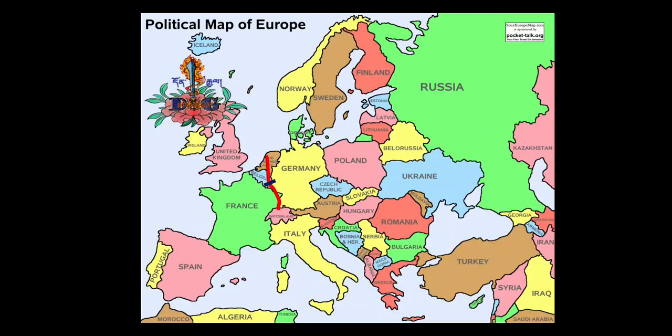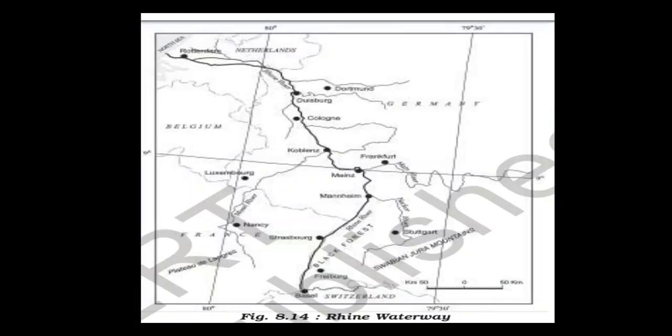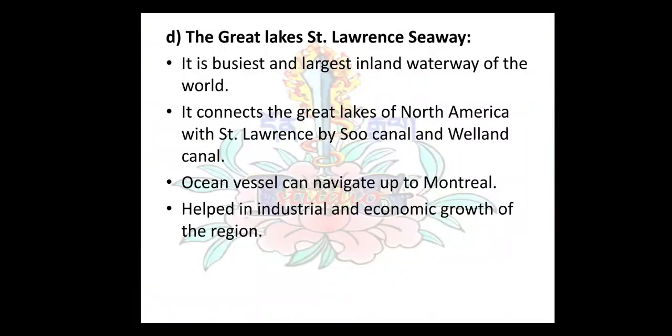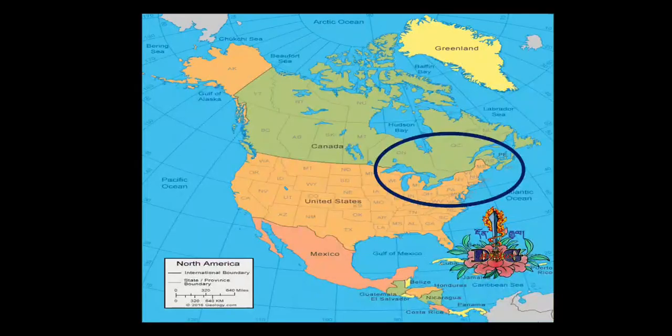Small inland ships can move from Rotterdam to Basel, and even from Cologne to Basel to Rotterdam also. This is the Rhine waterway map. This map is in our textbook, so this is quite important. Leave this one, quite lengthy.